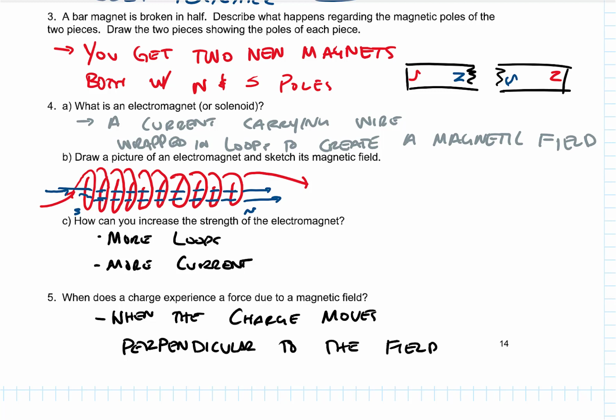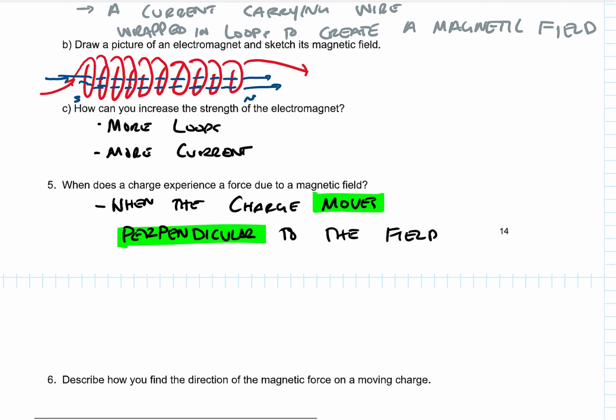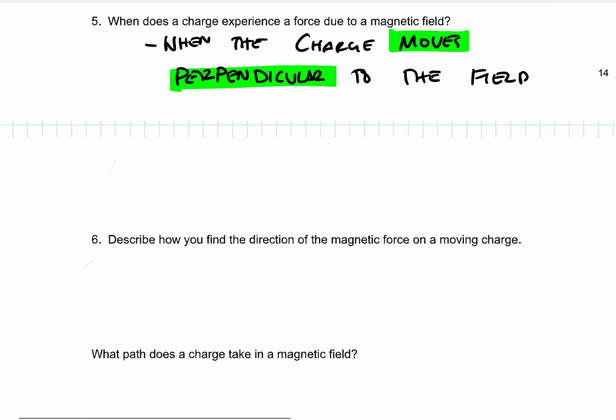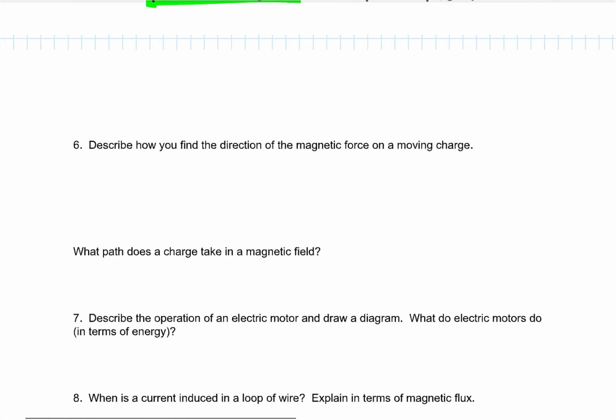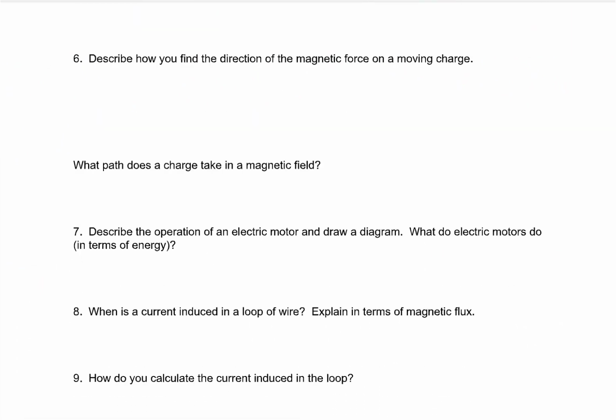And so the two important things here are that the charge is moving and that the charge is moving perpendicular to the field. If it's moving parallel to the field, it will not experience a force from the magnetic field. So we have to have some part of its movement be perpendicular to the field in order to experience a force.